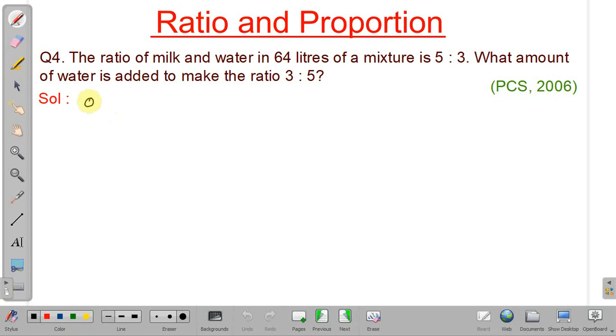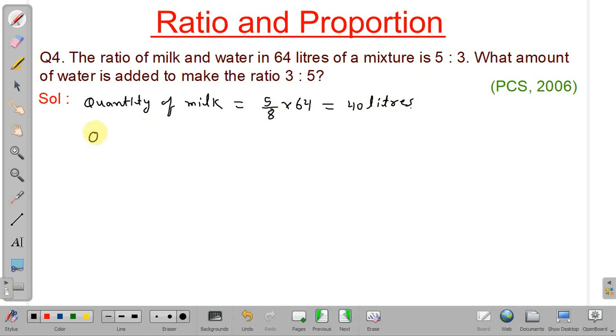So quantity of milk will be, see, in the mixture it is 5 is to 3. So out of 8 parts, 5 parts will be milk. So 5 by 8 into 64. So it will be 40 liters.